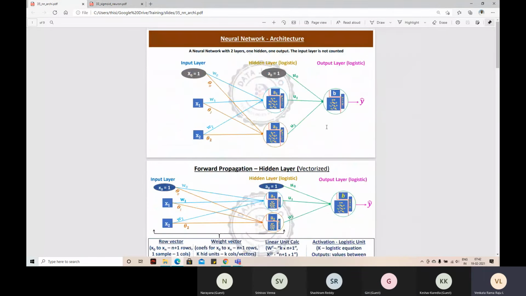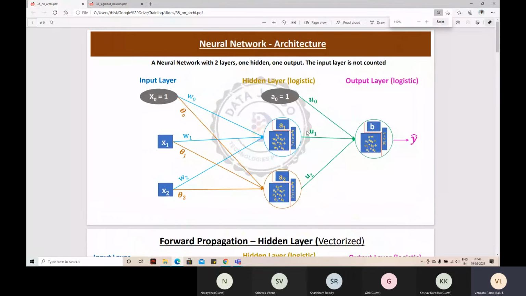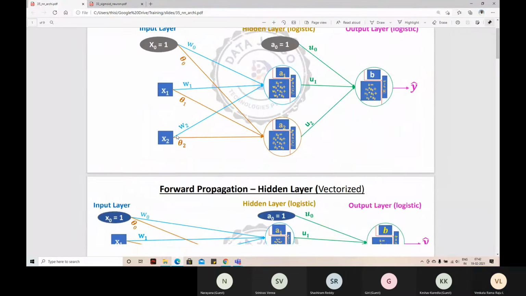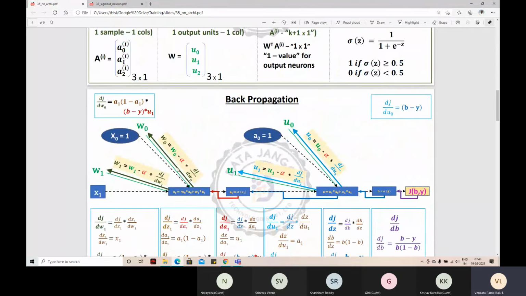Anyway, you are asking the right question. I have taken a neural network with an input layer. X1 is the input layer, and this one is the hidden layer. Let me take a screenshot and try to explain.